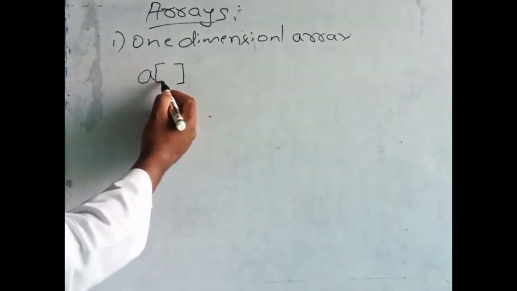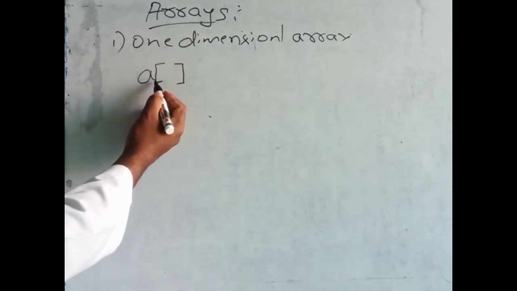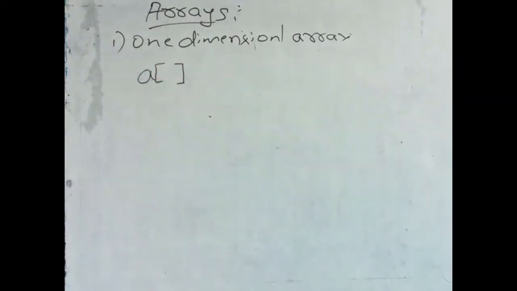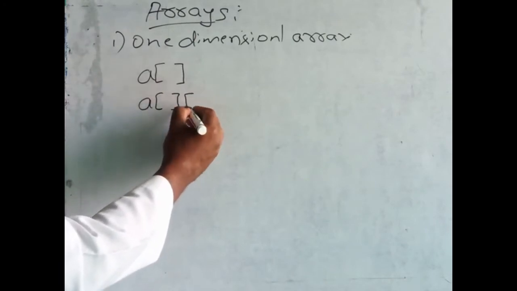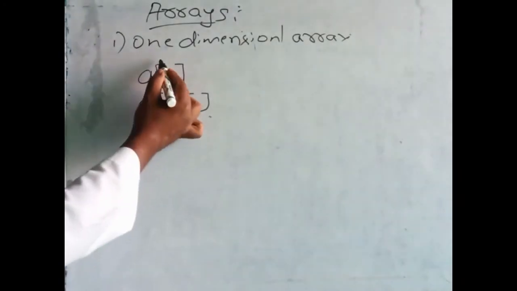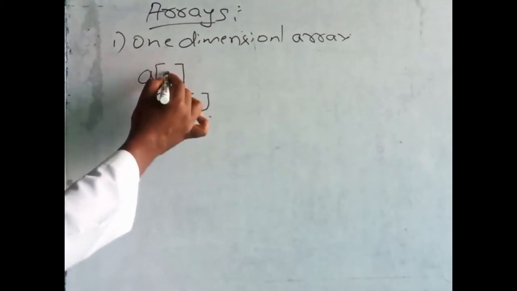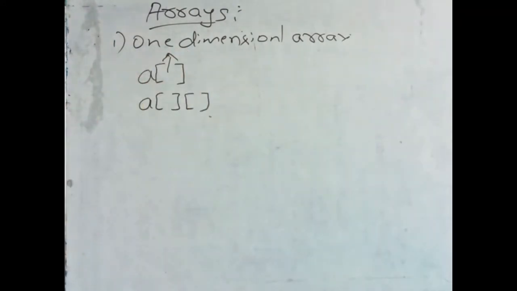If you use one square bracket, it is a one-dimensional array. If you use two square brackets like this, it is a two-dimensional array. This subscript is used to represent the length of the array, or the position in the array.